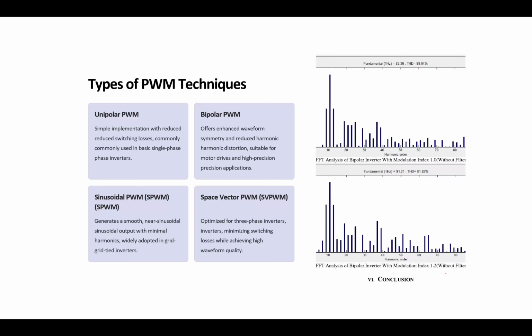I'm going to talk about the most important ones in single phase and in three phase. In single phase, the most important one is SPWM, sinusoidal PWM. This is the system where the reference signal is always a sinusoidal value. What you change is the magnitude, frequency, and phase of that sinusoidal voltage.